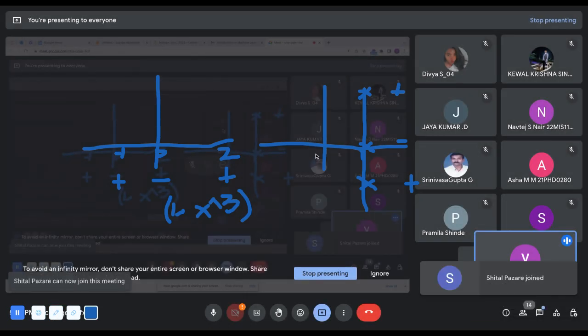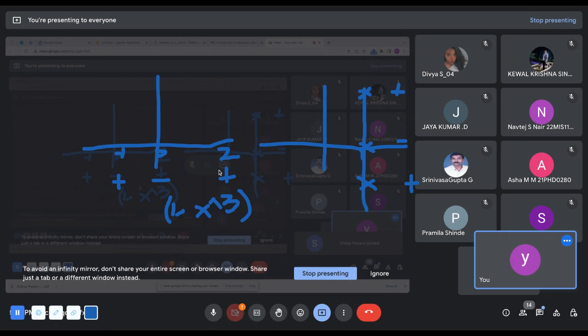Now tell me, first of all, in the original space, is it linearly separable or not? I need one line that can separate plus and minus.